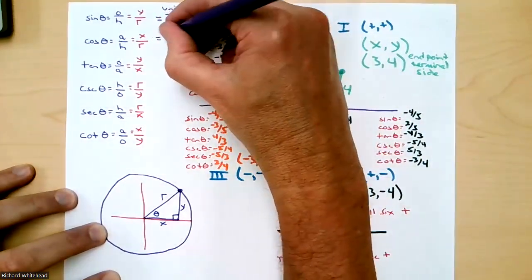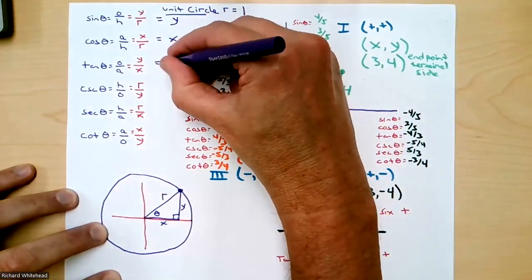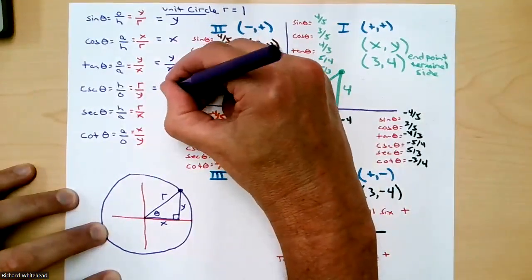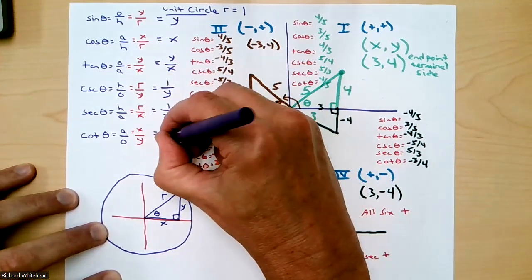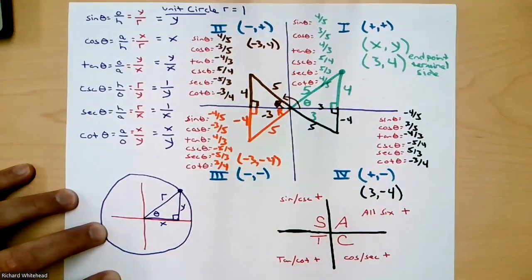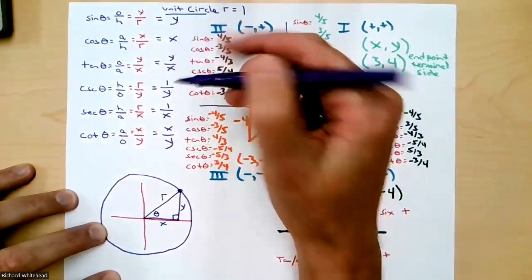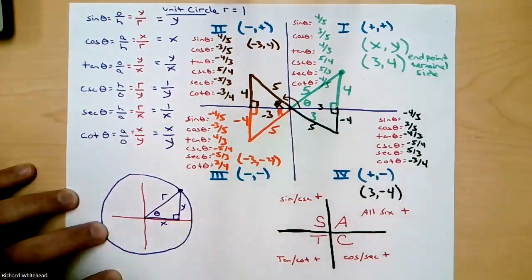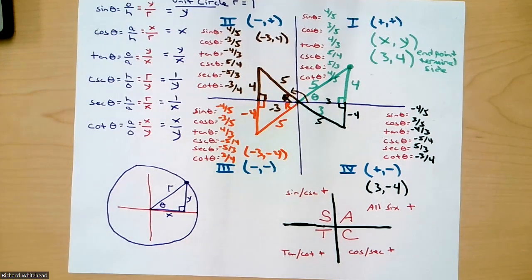Cosine becomes the x value of the endpoint. Tangent is still y over x. Cosecant would therefore be 1 over y, secant 1 over x, cotangent x over y. So when we're on the unit circle, since r is standardized to be 1, we strictly have these values here. All right, so we're going to have to practice this a little bit and get to some other possibilities here.